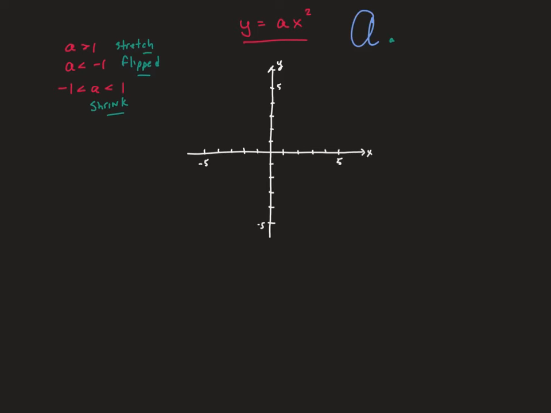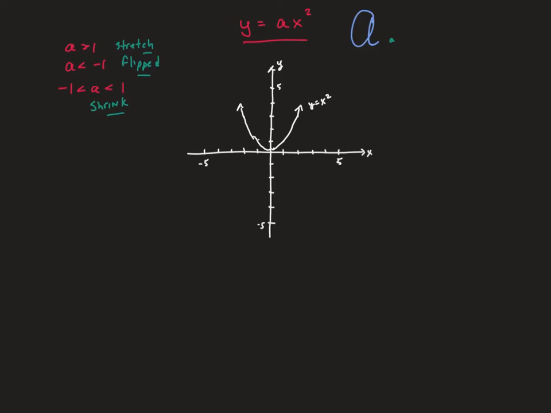And so what that means here is if we know that the parent function looks something like this, and that is me just plotting the first 4 points, and that is y equals x squared.